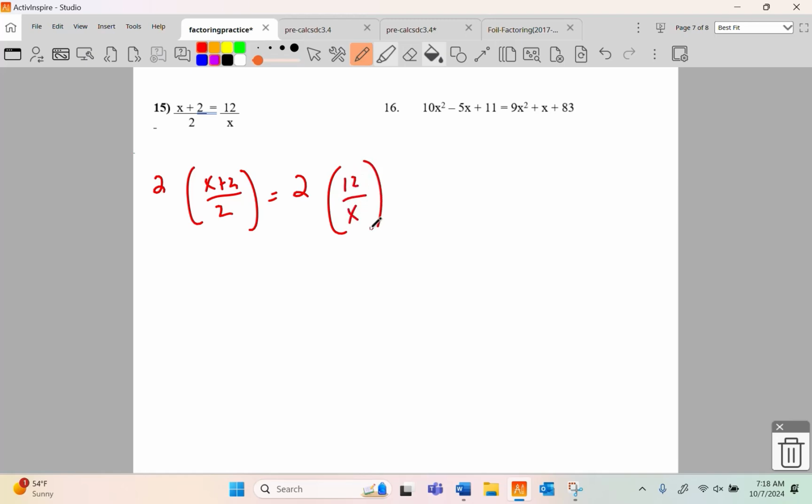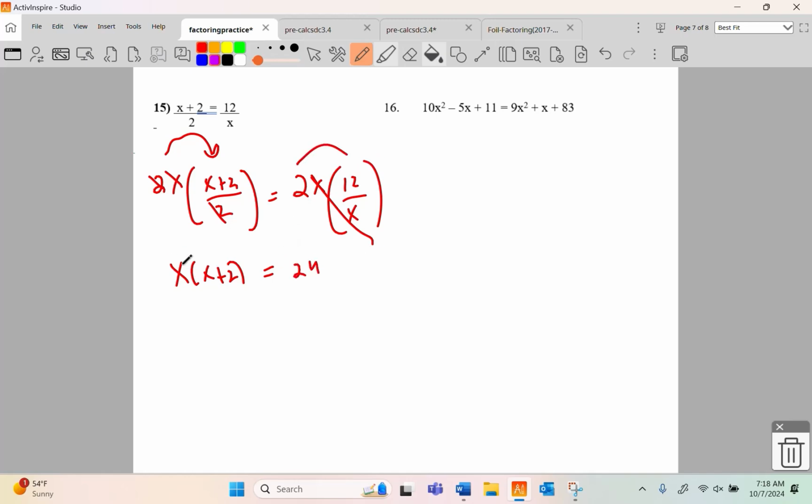There's a reason I'm leaving some space. I also have this x in the bottom, and the opposite of division is multiplication. If I do it to one side, I do it to both sides. Now, on the right, when I distribute, the 2's cancel, and I'm left with x times x plus 2 equal to, because there's an equal to. On the left, the x's cancels, and 2 times 12 is 24.